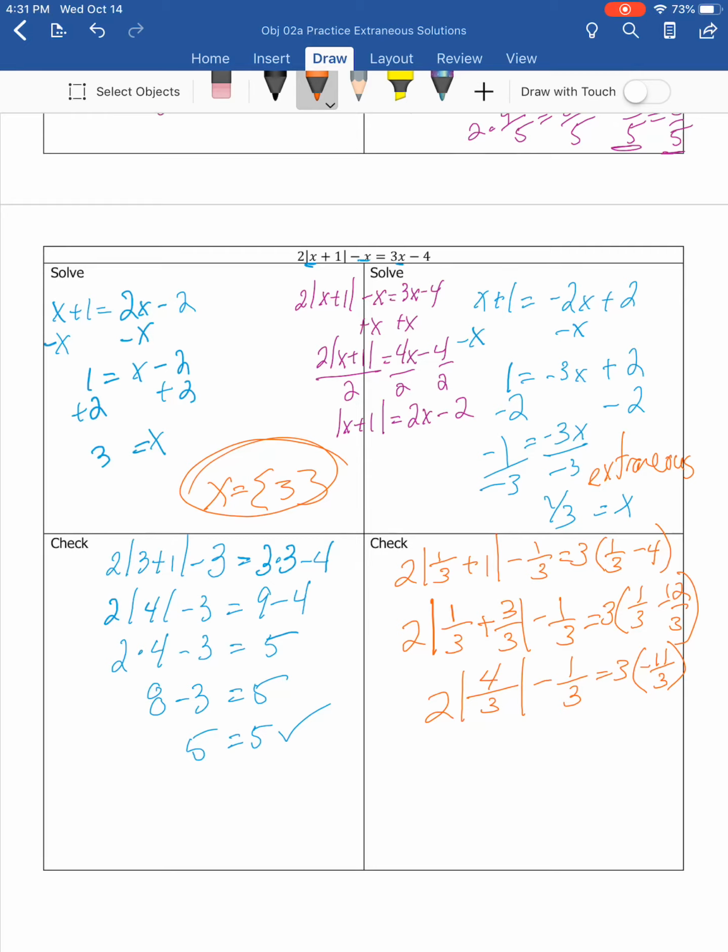Okay. Absolute value of positive 4/3 is just 4/3 minus 1/3 is equal to negative 33/3. This is 8/3 minus 1/3 is equal to negative 11. 7/3 is equal to negative 11, and so these do not equal each other.